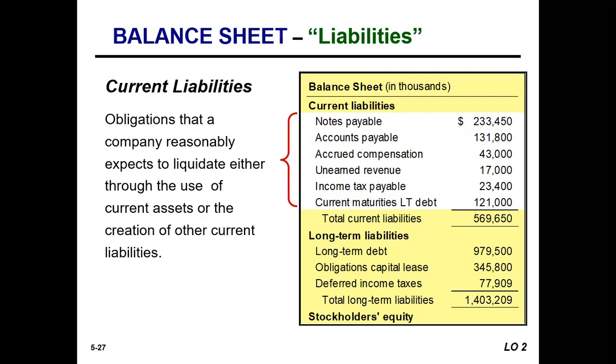One thing I want to point out, because as I was grading exams for chapters 1 through 4, I noticed that some of you put unearned revenue on the income statement under revenue. So remember, unearned revenue is when our customers pay us in advance, so then we owe them a product or service.